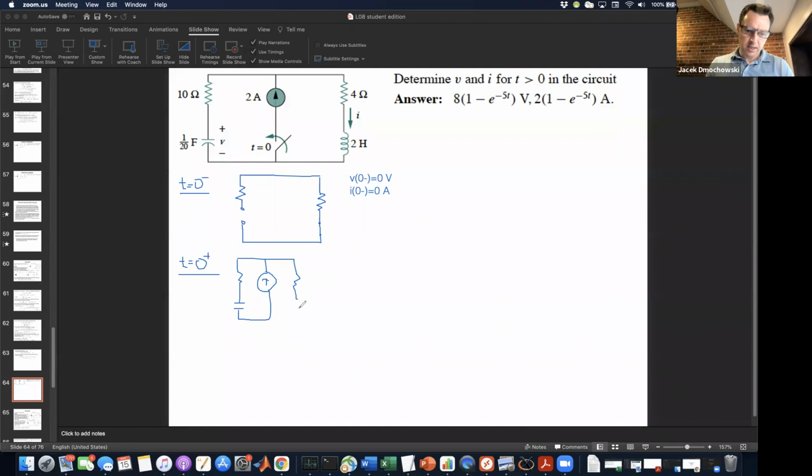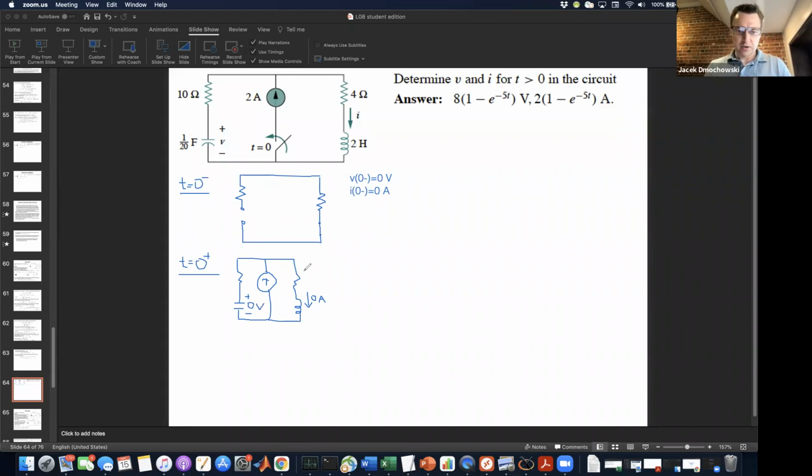Similarly, the inductor is undergoing a transient. The key thing to note here is that these values, 0 volts and 0 amps, carry over to this time instant, meaning that there is 0 amps flowing through this inductor, and this capacitor is still at 0 volts.